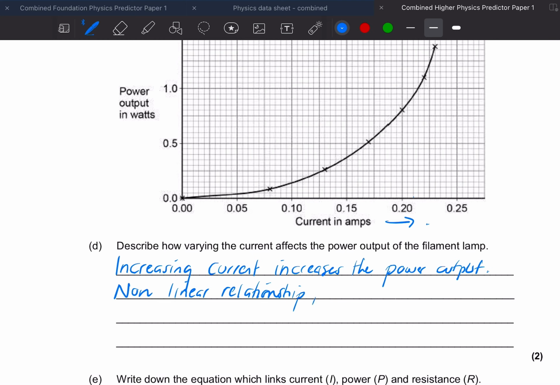As the current gets higher, the rate, so the speed of power output, increases.